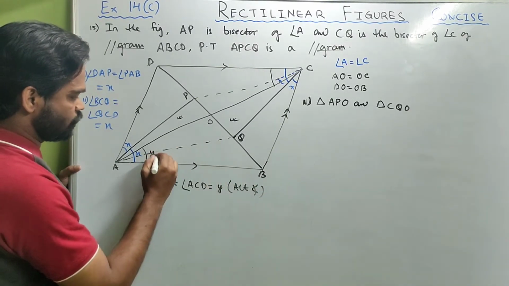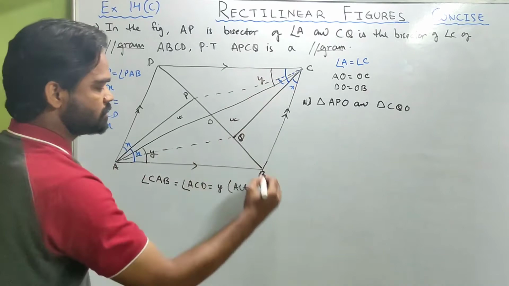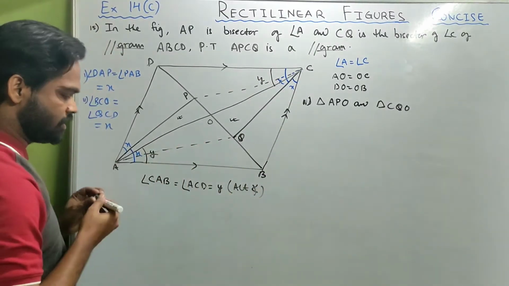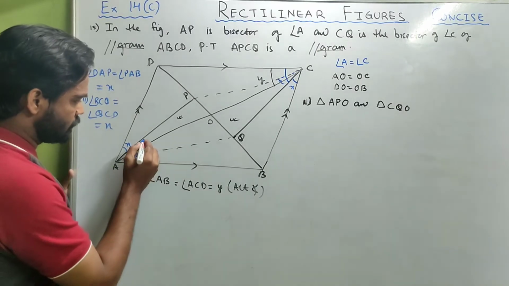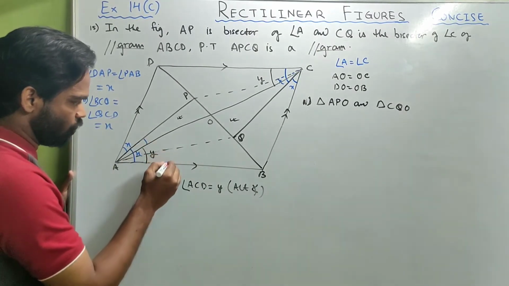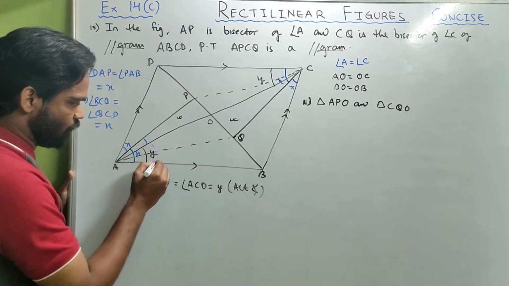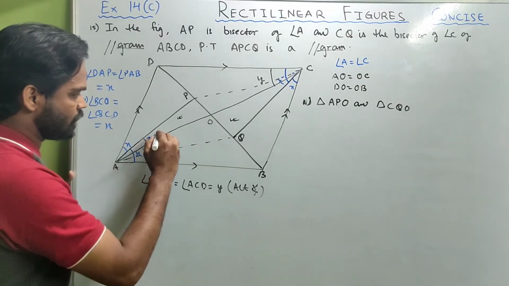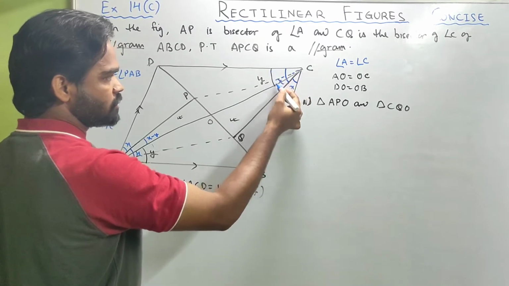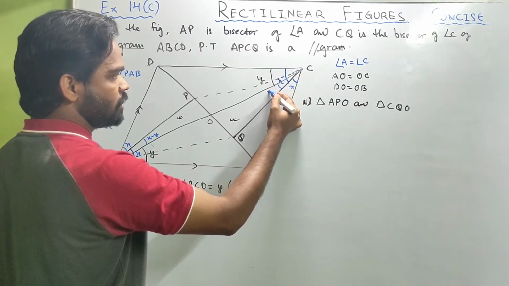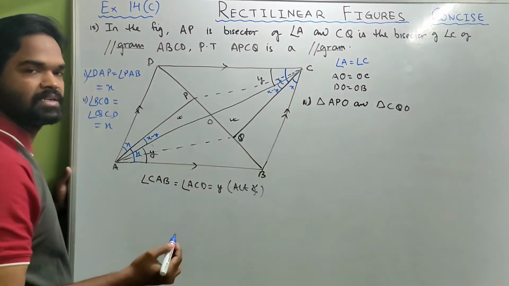Suppose this is Y. So this is Y. Then, if you look carefully, this angle, the entire angle was X, this portion was Y. So this angle will be X minus Y. Similarly over here, this entire angle was X, this is Y. So this will be X minus Y, isn't it?